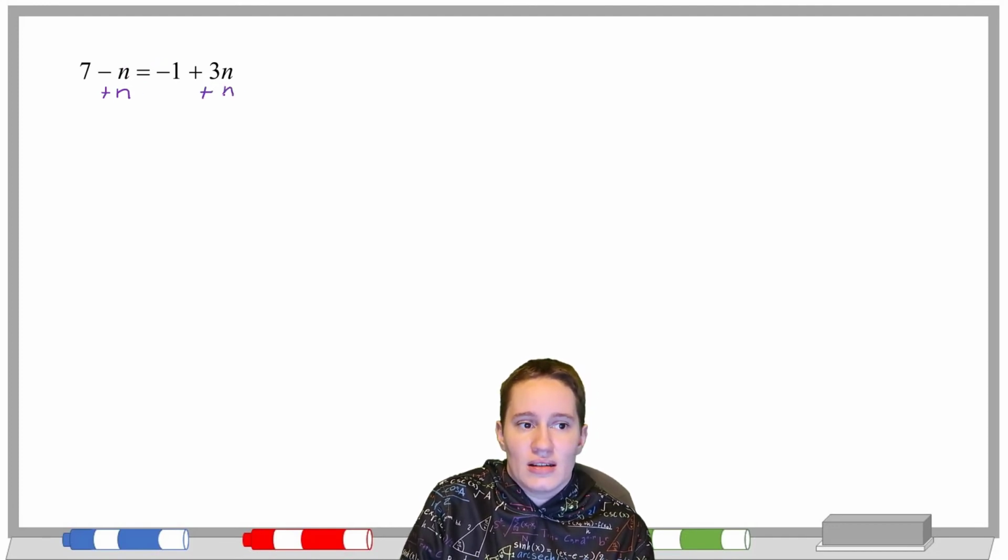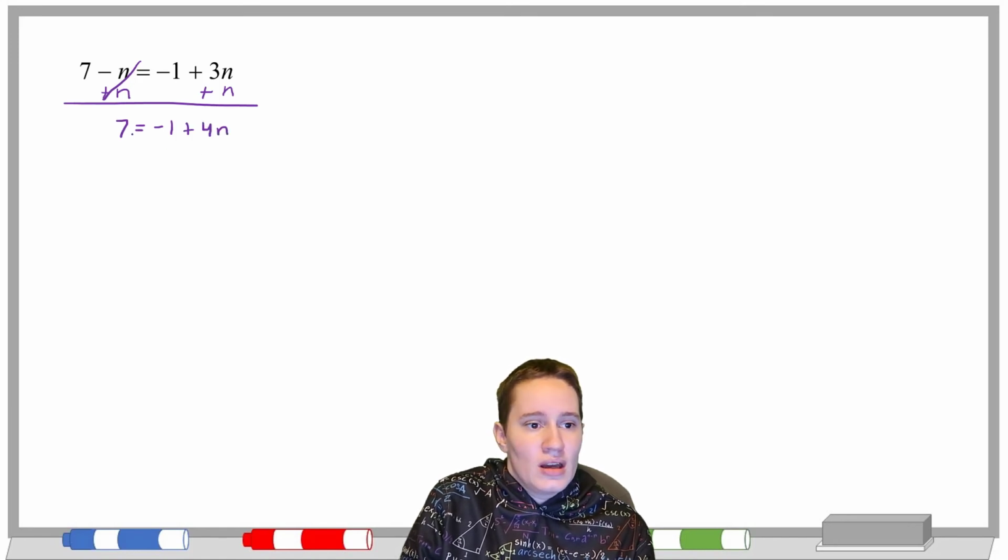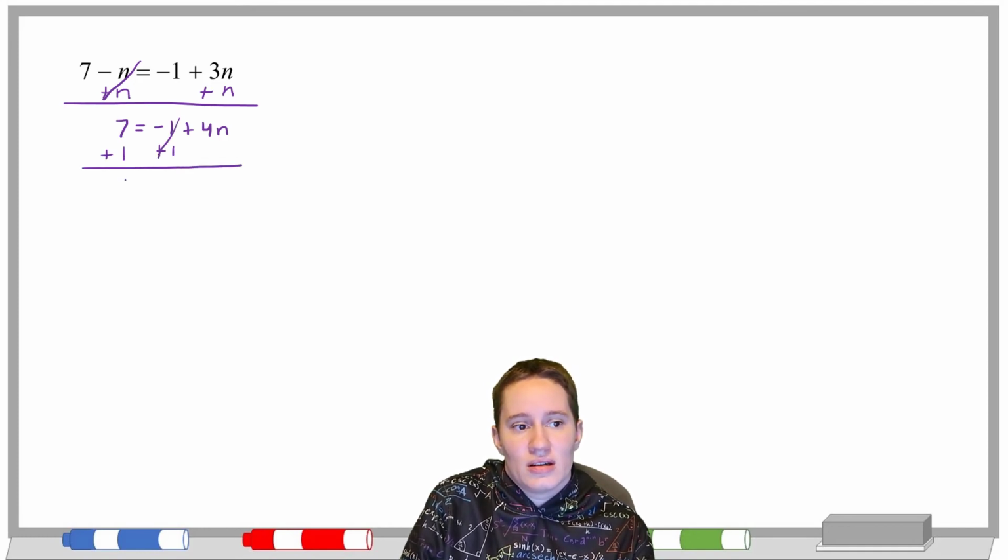So I'm going to add n over and get 7 equals negative 1. 3n plus n is 4n. And then I'm going to add 1 to both sides and get 8, because remember we're trying to just move this stuff away from n.